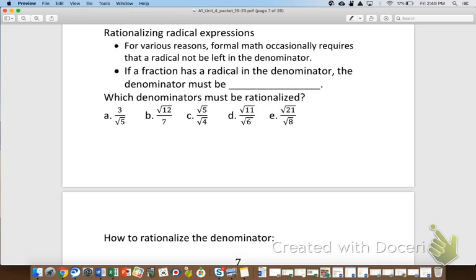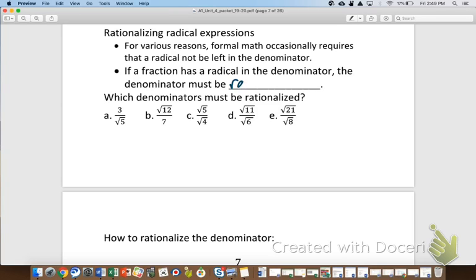So there's a number of reasons we study this. Some of it's a little bit historical. Some of it is very practical. But for the moment, I'm just going to say for various reasons. And here it is. We want to avoid leaving a radical or a square root in a denominator. And here's the terminology. If we do have a fraction and there's a radical in the denominator, we're going to say that the denominator must be rationalized.